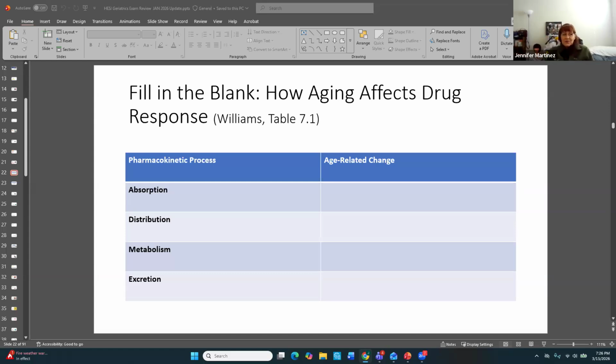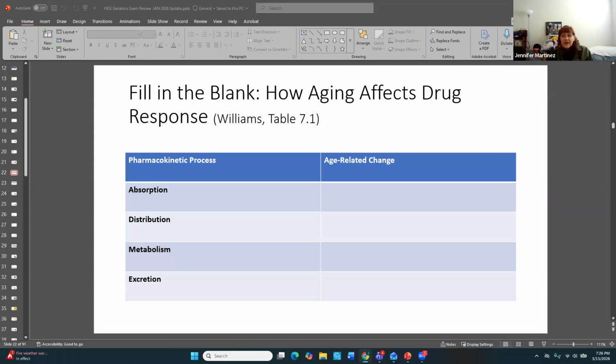As a result of aging, generally we'll have decreased liver function, decreased metabolic enzymes, and decreased cardiac output, resulting in reduced blood flow to the liver. If the liver is unable to metabolize those drugs, it's going to increase the risk for overdosing and toxicity.